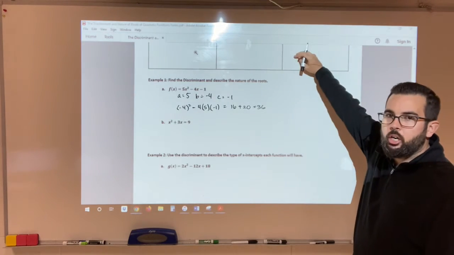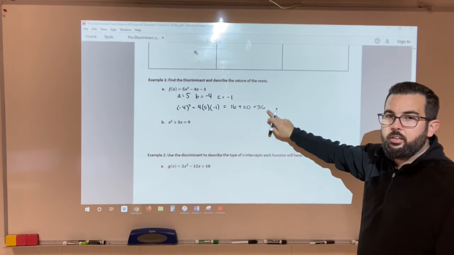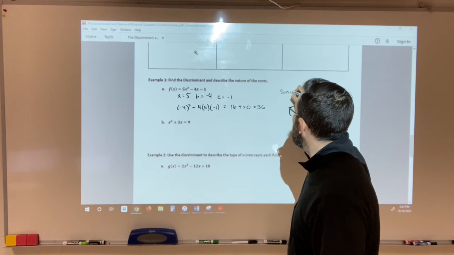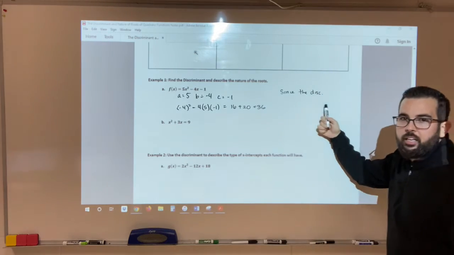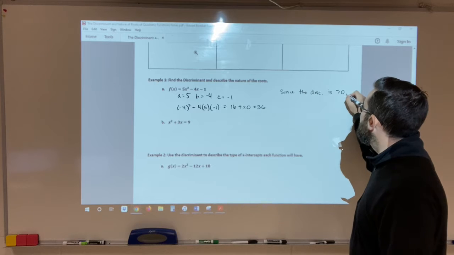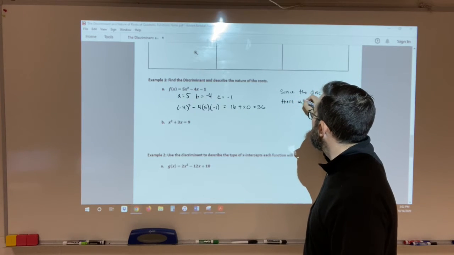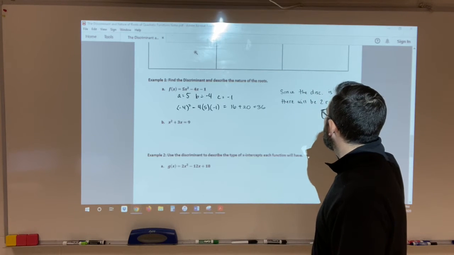So according to our chart that we just filled out, this discriminant is greater than 0. Okay, I'm abbreviating discriminant. Since the discriminant is greater than 0, there will be two real roots.